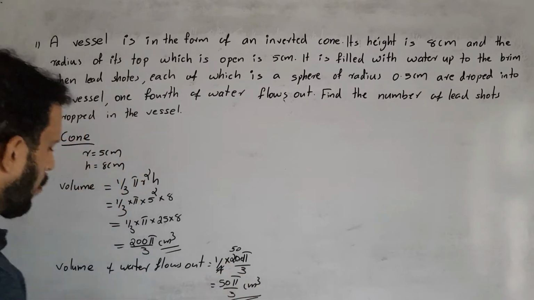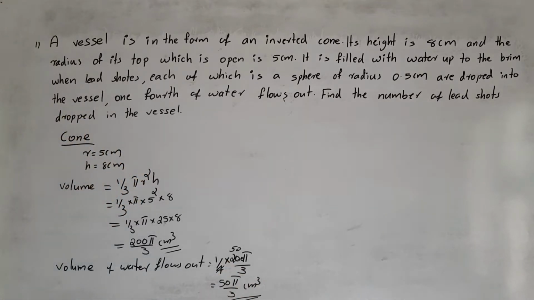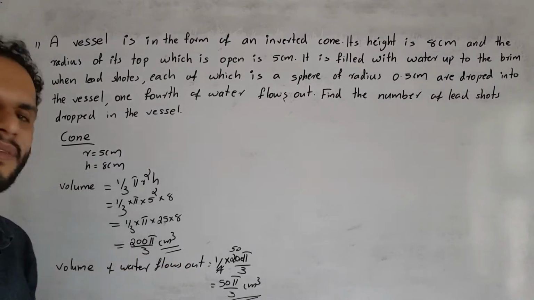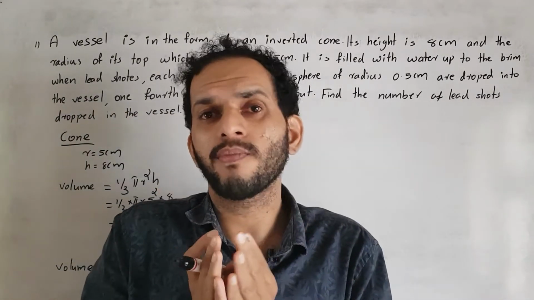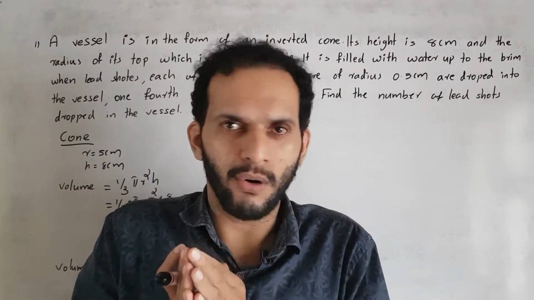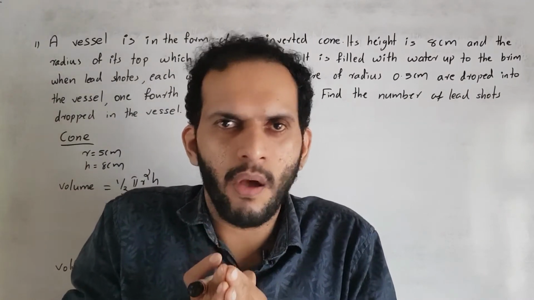So the volume of water flows out is equal to 50 pi by 3 cubic centimeter. This volume is equal to the sum of the volumes of the lead shot.